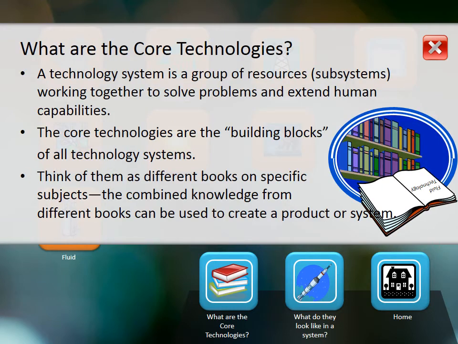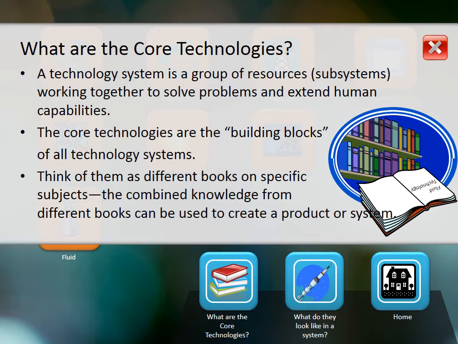Now, these are our core technologies. There were 9 of them. When we look at our core technologies, it's a system or subsystems combined into other systems. You make larger systems and you extend human capabilities, not just of learning, but also of doing more.